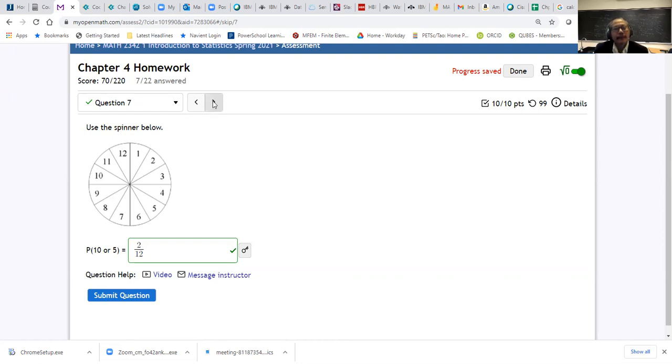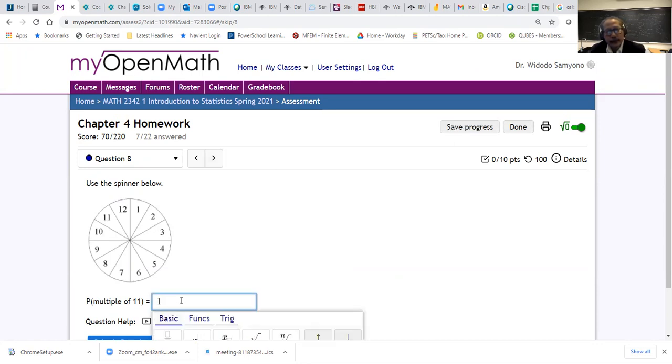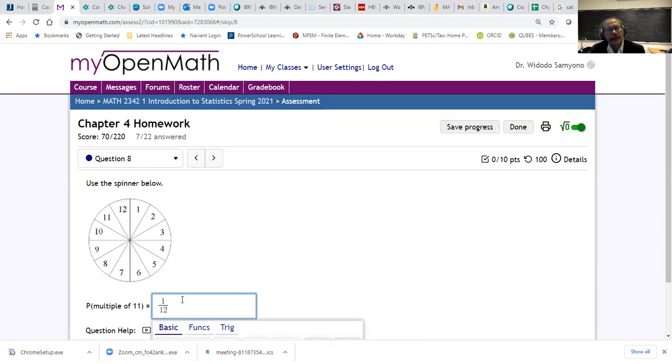So the next one will be: what is the multiple of 11? It's only one, right? So the probability will be 1 over 12. For example, if you're looking for the multiples of 2, the answer is 1, 2, 3, 4, 5, 6, so the answer is 6 over 12. But for this one it is 1 over 12.